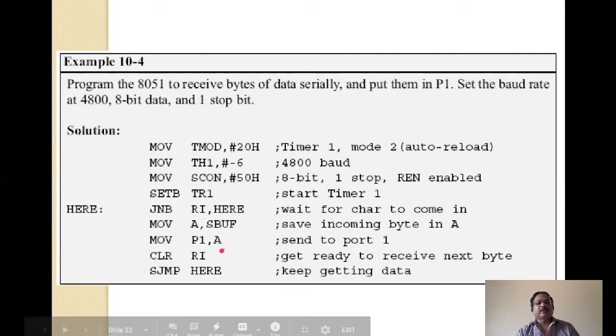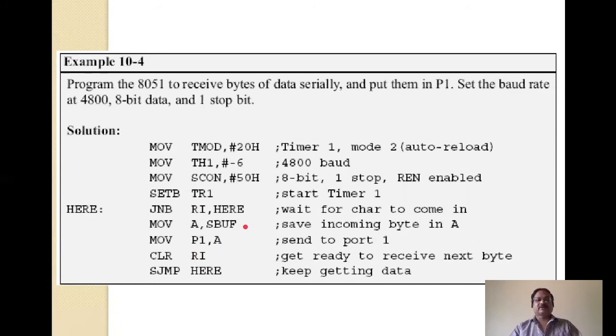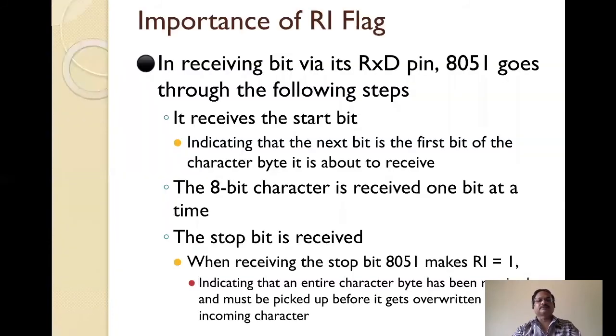So the loop will be repeated. That is how, one by one, the characters are received over the RxD line, right? So very simple. That is how you can receive as many characters as you wish over the RxD line using the serial port of the 8051 microcontroller.